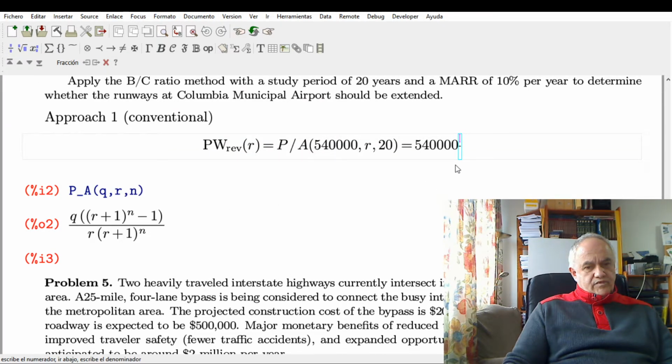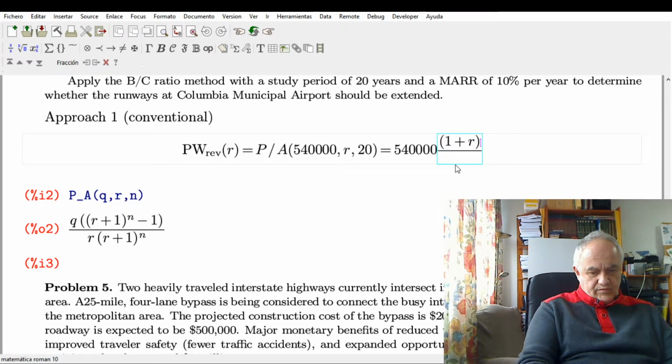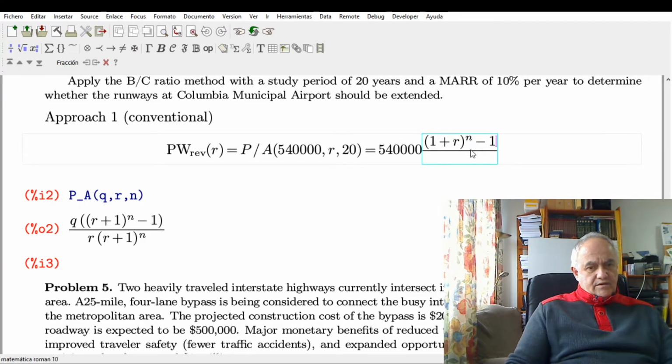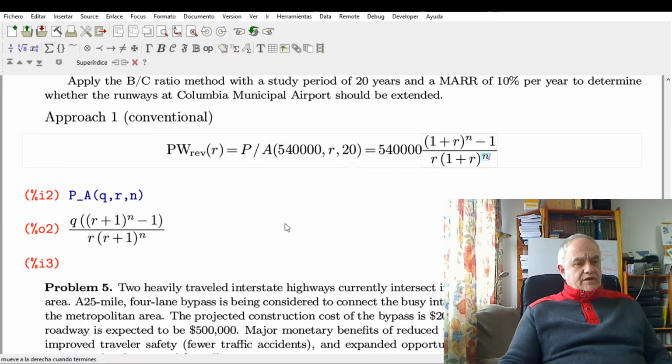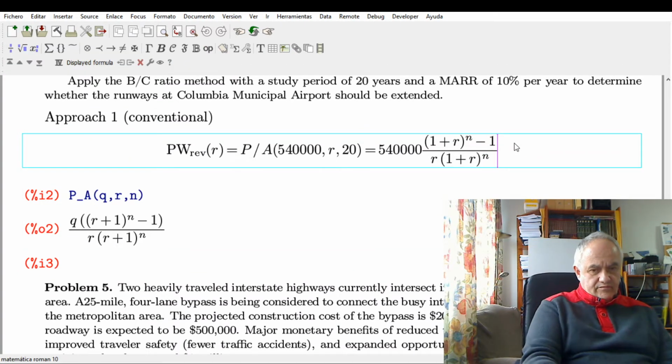This is 1 plus R up to N minus 1, and here it is R times 1 plus R up to N. Okay, we know this expression, we can obtain it. But in our case, we also have the numbers, so we can do it.